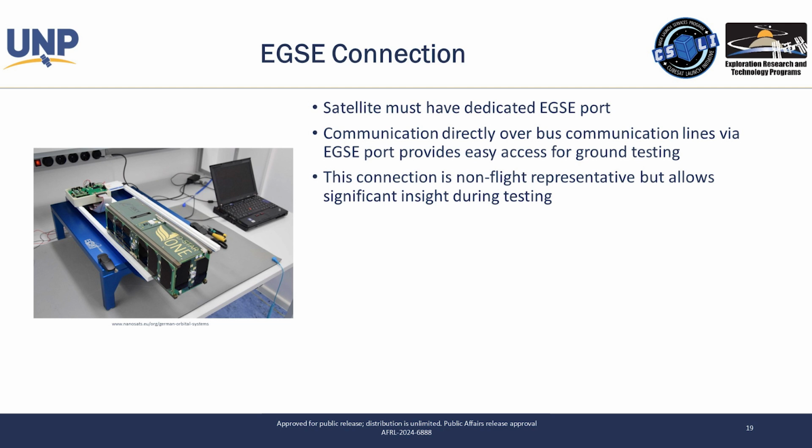This will typically give you connection directly into the flight computer, so you can boot it up, control it, override certain automated sequences, and run those functional tests that give you a diagnostic to say, yep, it is ready to go. It's never flight representative, meaning it lets you override some of those automated things. It lets you SSH directly into your shell if you want to do that, which is much more difficult to do over RF.